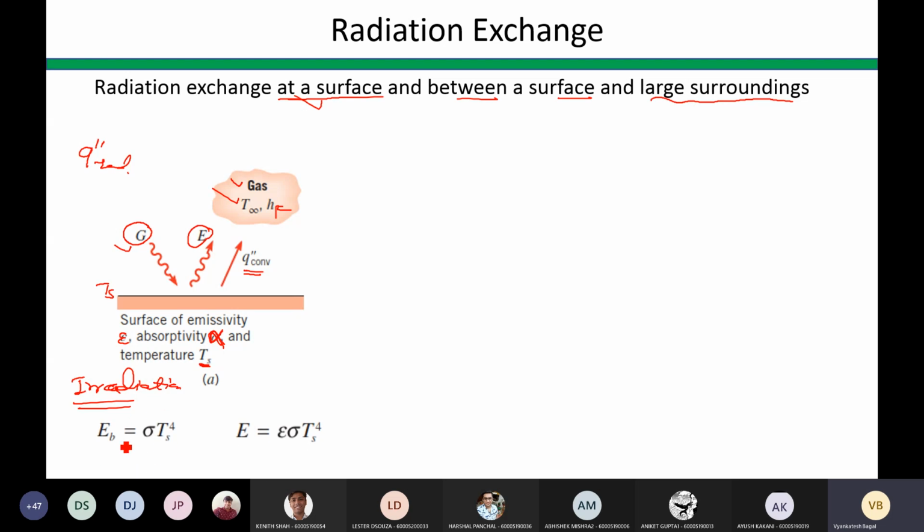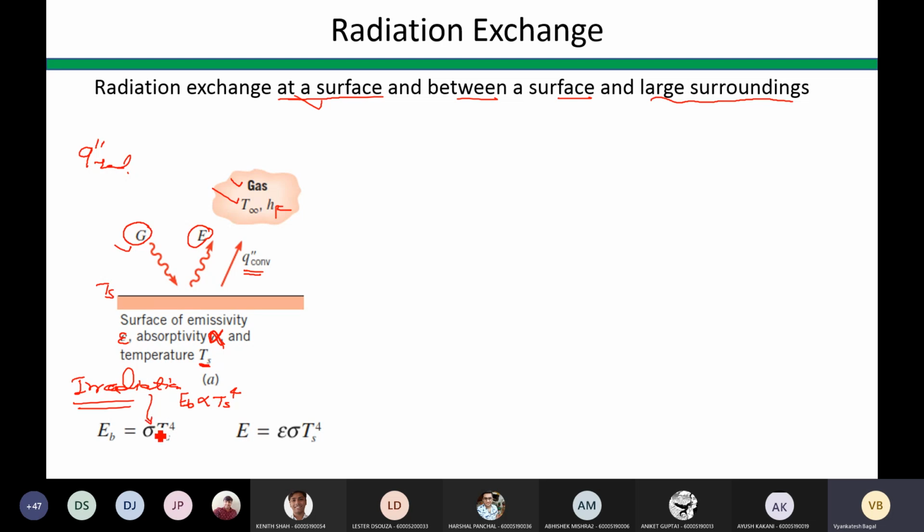Now look at this formula. You have already studied this in physics, right? You must have studied the Stefan-Boltzmann law, that the emissive power of a black body is directly proportional to the fourth power of its absolute temperature, right? So note down this formula. E_b is given as E_b is equal to sigma into Ts raised to 4.